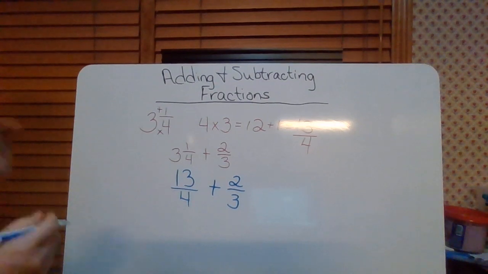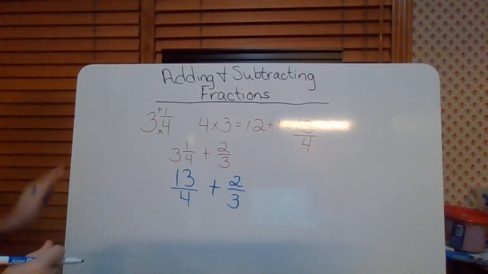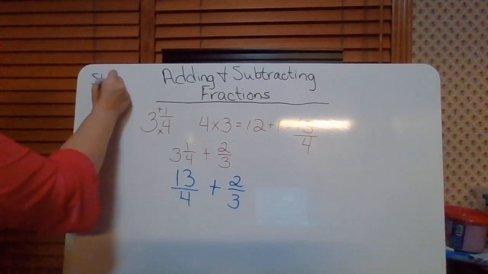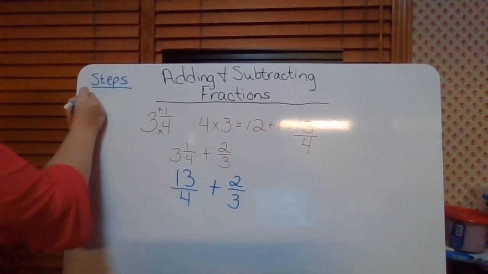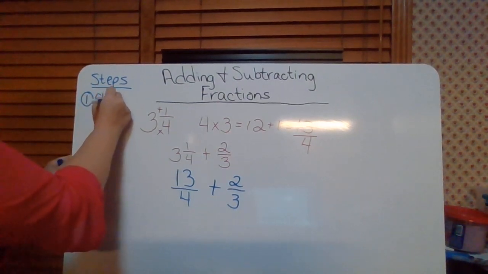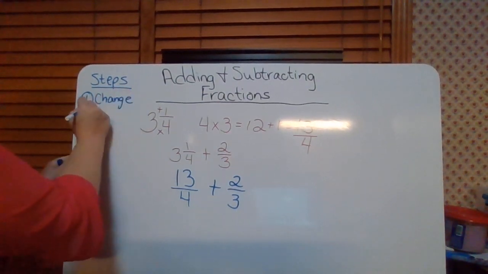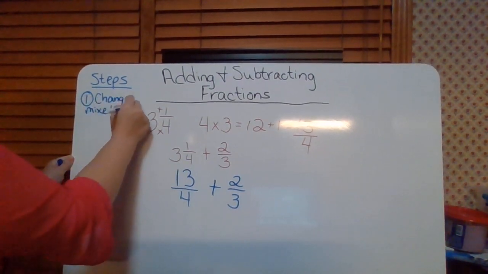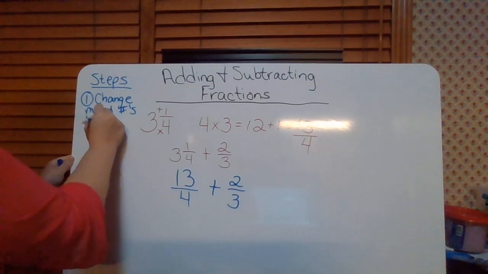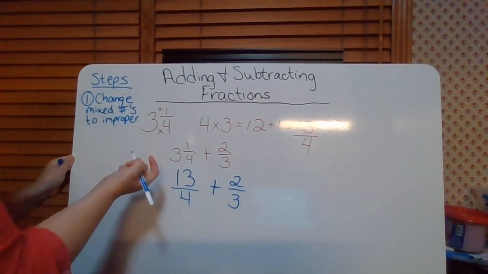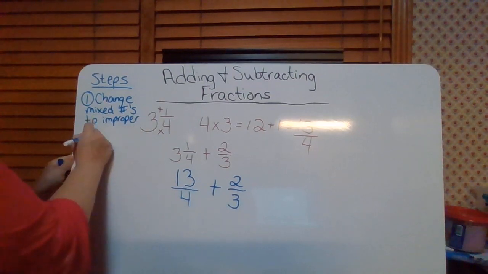Now, with adding and subtracting fractions, there's a couple steps you need to follow. I'm going to write steps right here. So step 1, we are going to change mixed numbers to improper fractions. That should not be a surprise. That's always our first step when we're dealing with fractions.